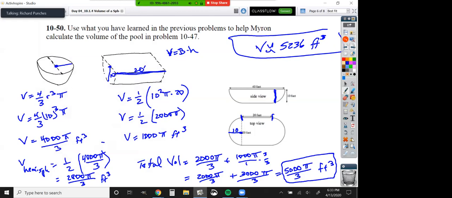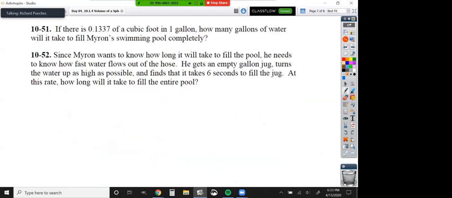Now, problem 1051. If there are 0.1337 of a cubic foot in 1 gallon, how many gallons of water will it take to fill Myron's pool? So every 0.1337 cubic feet is equal to a gallon.